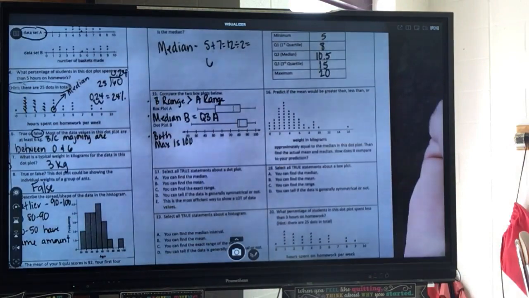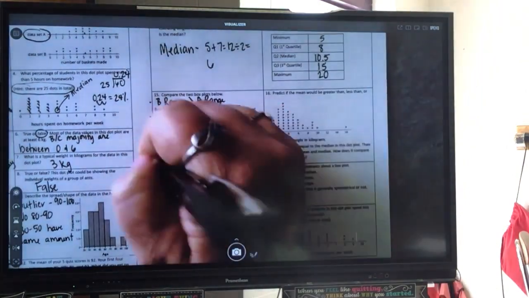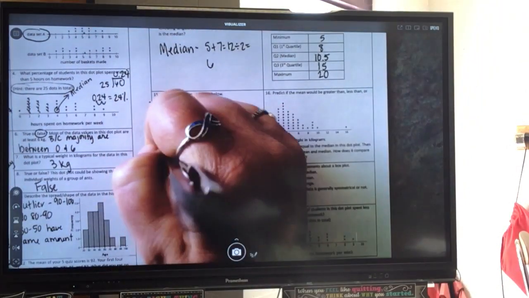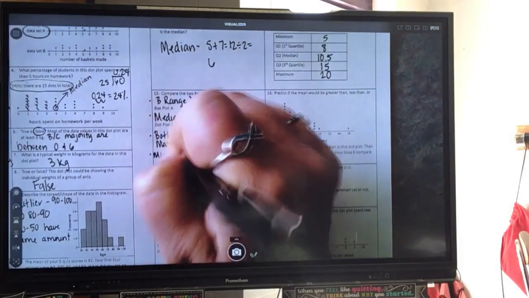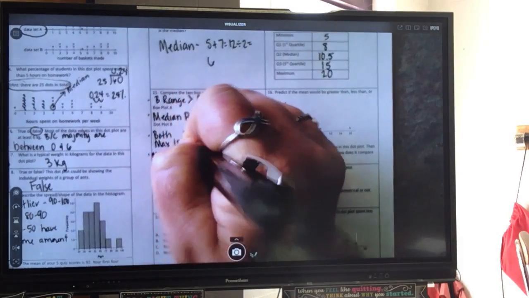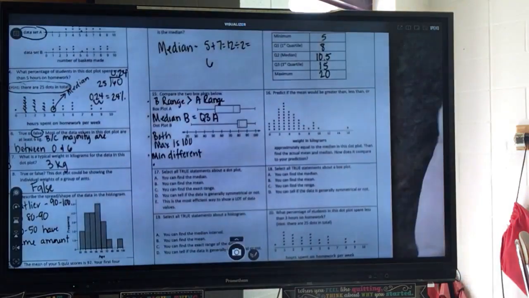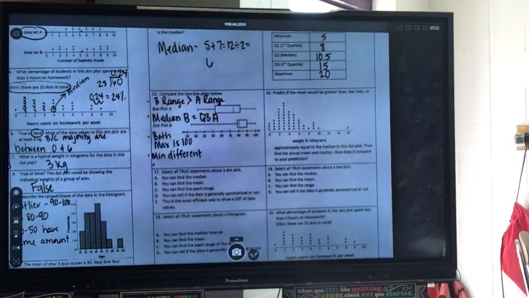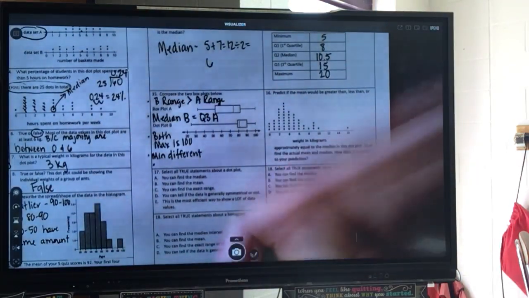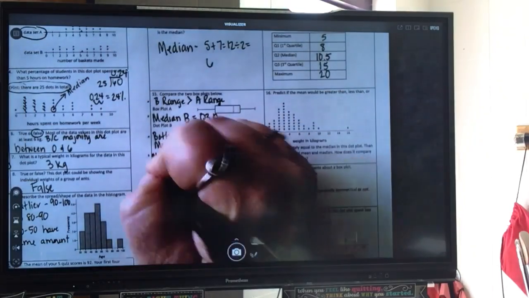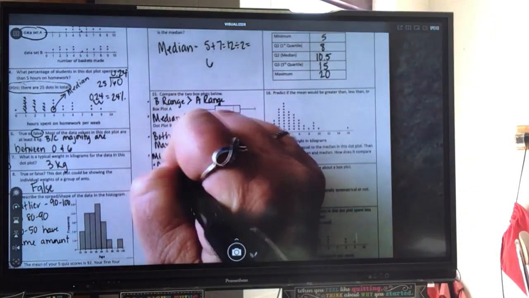The minimum. Minimum's different? Alright. Mikael. So A has a higher what?